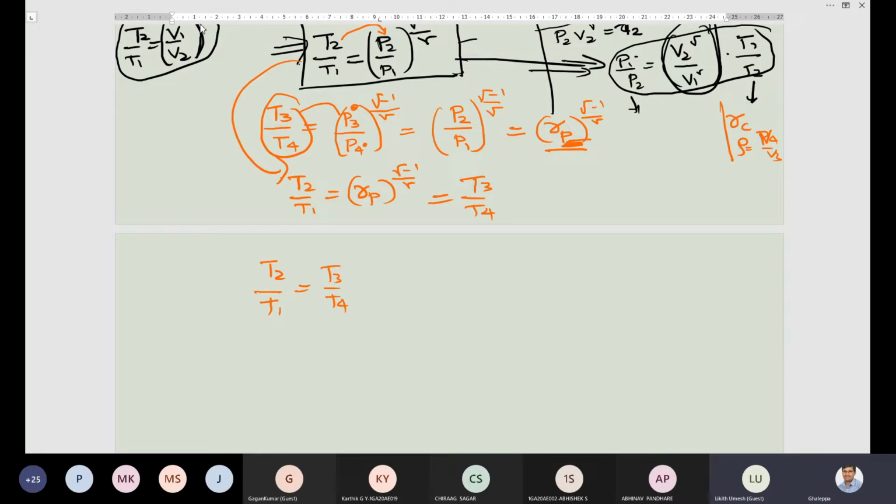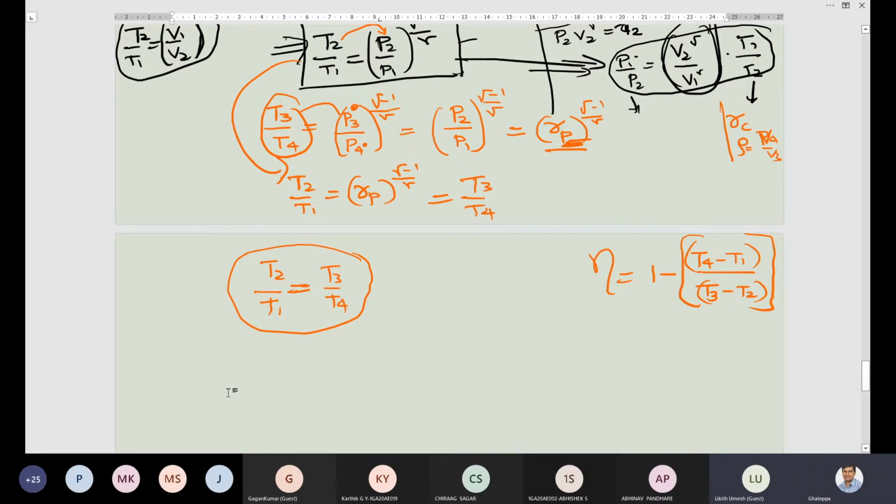We have written the equation in terms of ratio of pressure and temperatures. But what is the equation I need? Efficiency is equal to 1 minus T4 minus T1 divided by T3 minus T2. I need this equation, but I have written in terms of ratio.